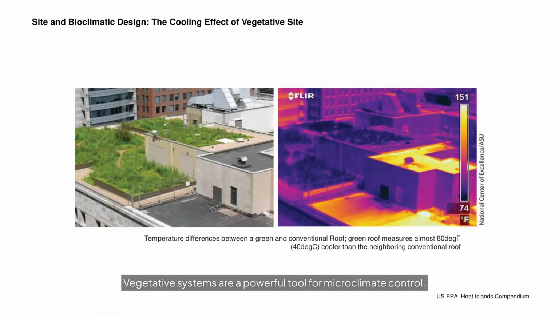Vegetative systems are a powerful tool for microclimate control. This slide illustrates a comparison between a vegetated green roof and a conventional bare roof. The data is striking. The surface temperature of a traditional roof reached up to 151 degrees Fahrenheit, whereas the green roof stays around 74 degrees Fahrenheit.